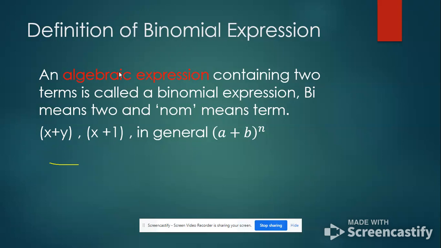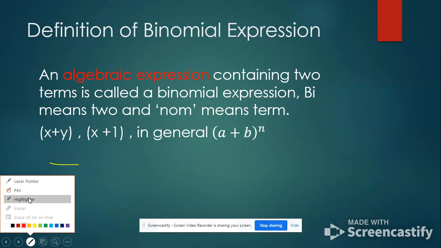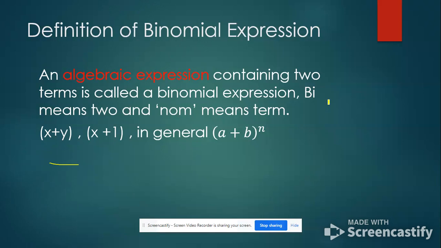Good. That is the definition of a binomial expression. So from the word binomial, let me use my highlighter here. This "bi" means 2, and the "nomial" from binomial means term.